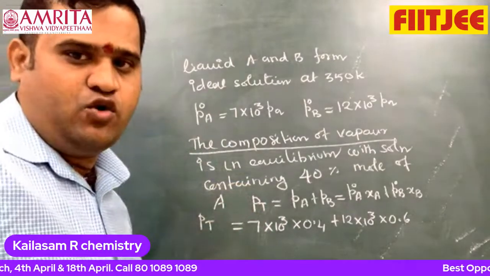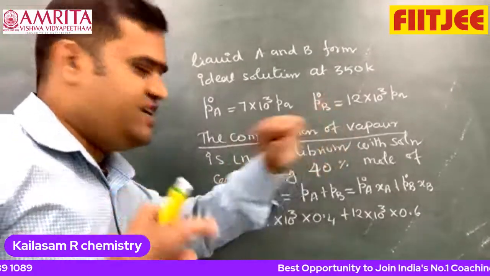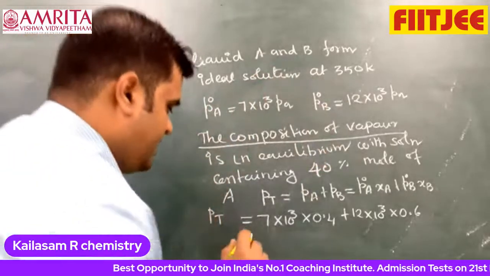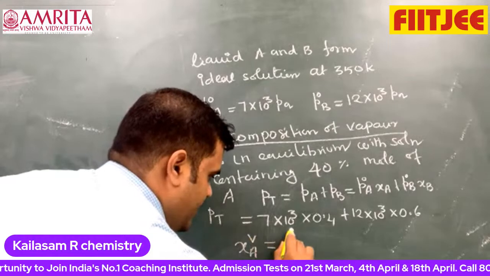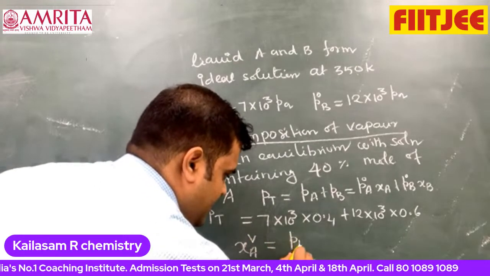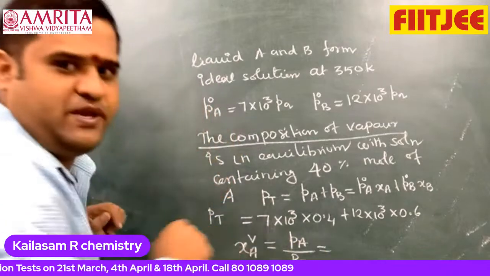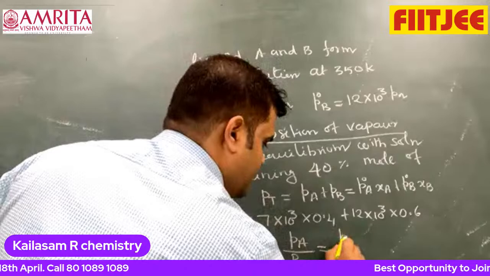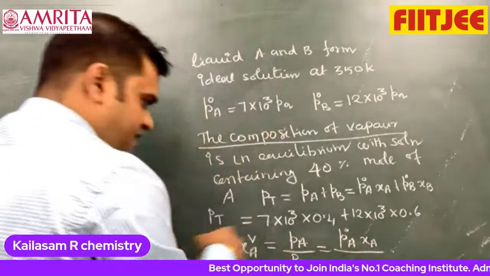Next I want to find out the vapor phase composition of A and B. As per Dalton's law of partial pressure, XAV is equal to PA by PT. We know PA is nothing but P naught A XA, divided by PT.